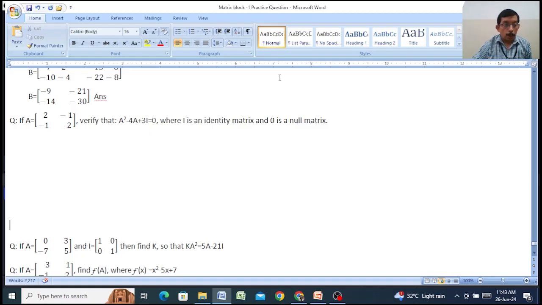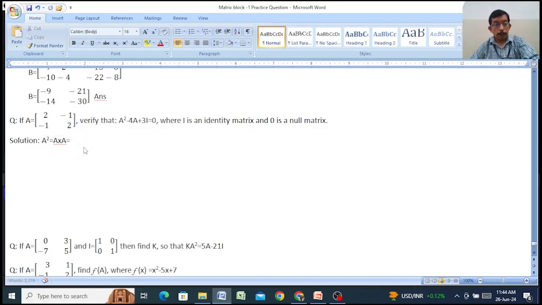Okay? Now find A square. A square is equal to A into A. Note down the value of matrix A and multiply.